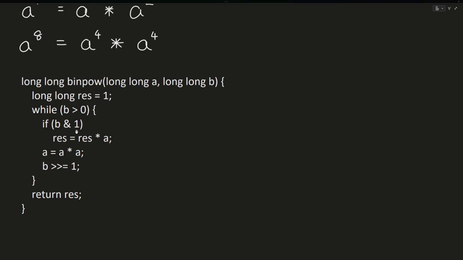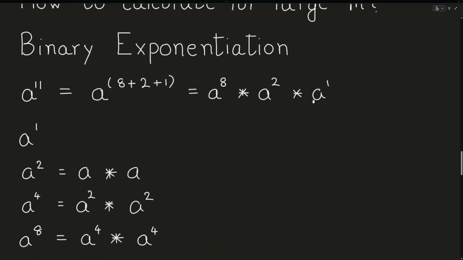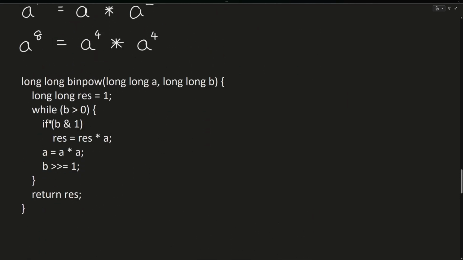If the last bit of b is equal to 1, or we can say if the last bit is set, we include the current power in our result. Since we need a power 8, a power 2, and a power 1, we'll be considering these for the result, but not a power 4, since we don't have a requirement for 4 here. That's what this b and 1 is checking.